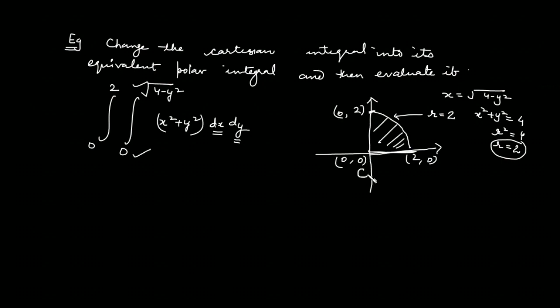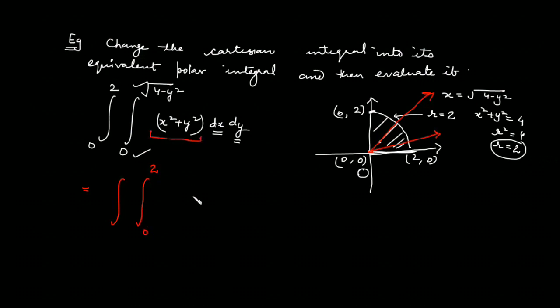Now you consider this as pole. Take an initial ray passing through this region. Our r is always varying from 0 to this. Here the value of r is 2. So the limits for r will be 0 to 2.